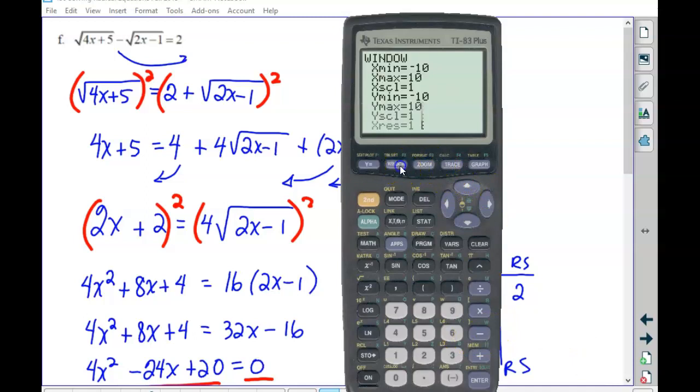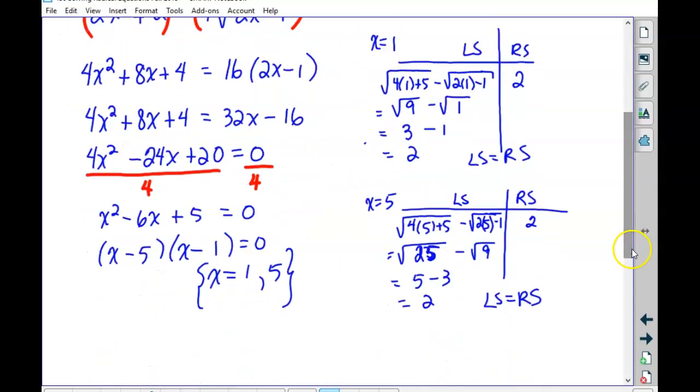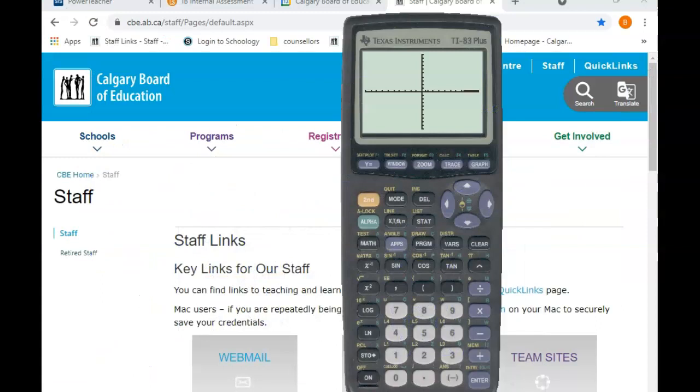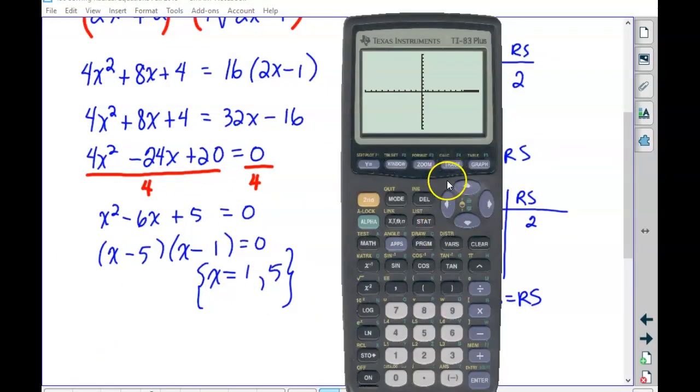Kind of hard to see, so we're going to go, actually, whether you need to see it or not, we think our solutions are 1 and 5. So, trace 1, enter, and we get y equals 0, so that works. And then trace 5, enter, and we get y equals 0.